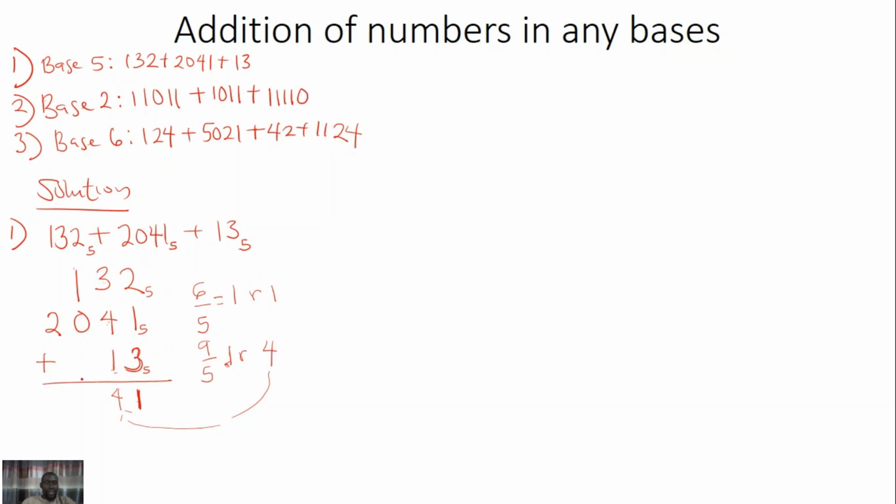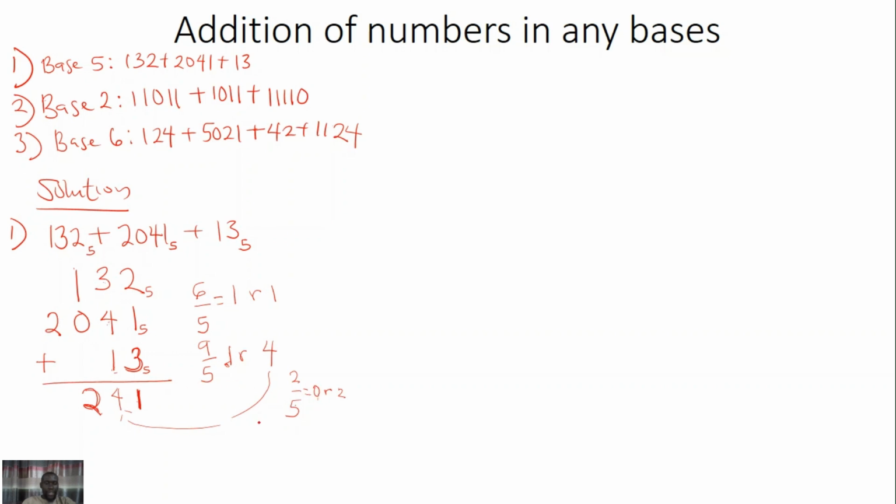Instead of writing 2 here, we're going to divide 2 by 5. Don't forget that this 5 is coming from the base. So 2 divided by 5 is 0, remainder 2. It is that 2 that we're going to write here. So what is left here is 0.